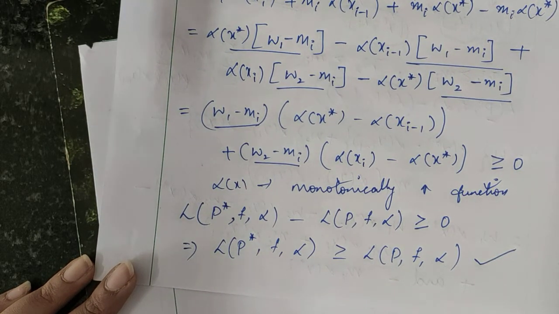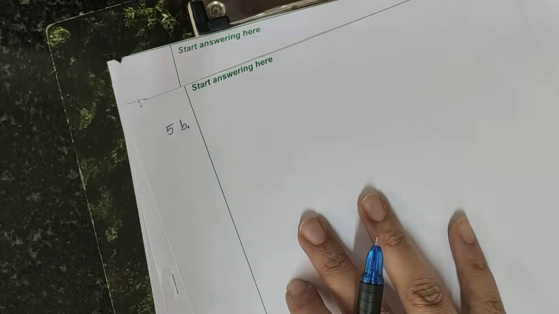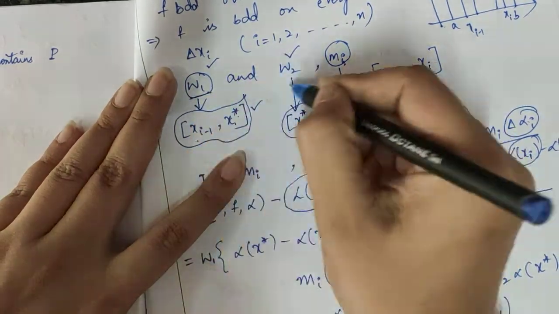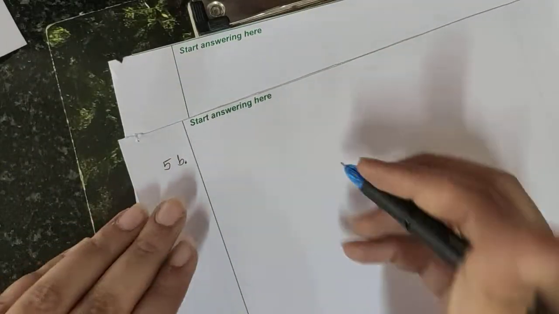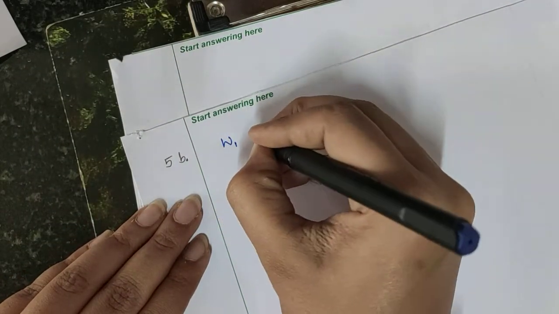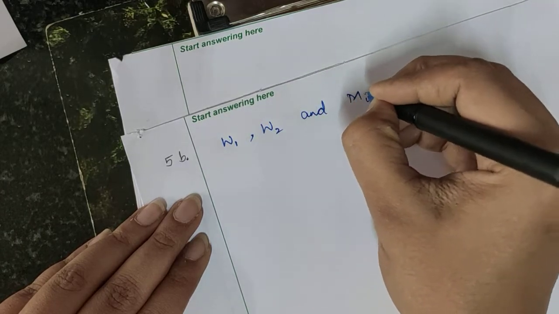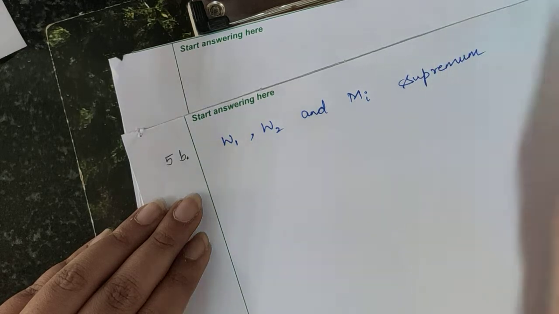In a similar way, we can prove the second inequality. So what will happen in the second inequality? The partitions, the divisions, everything will be the same, but here you will not consider the infimums, you will consider the supremums. So in the same way, w1, w2 and capital Mi will be the supremums, right?